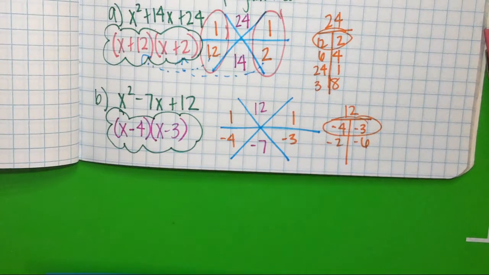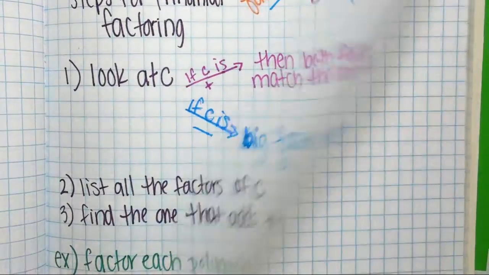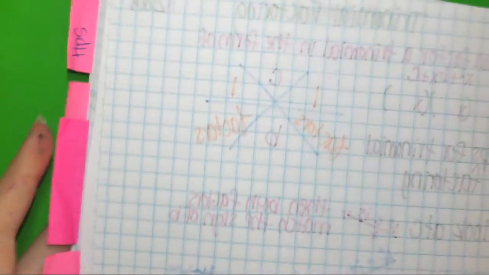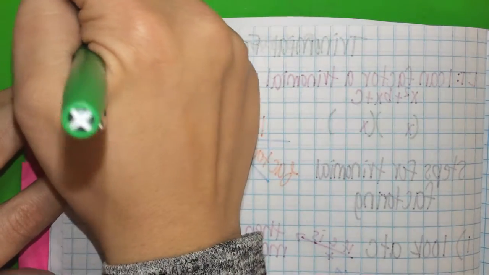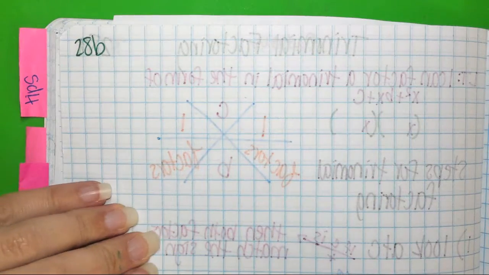I'm going to write mine on the back since I'm out of room because I write giant. Alright, 28B.